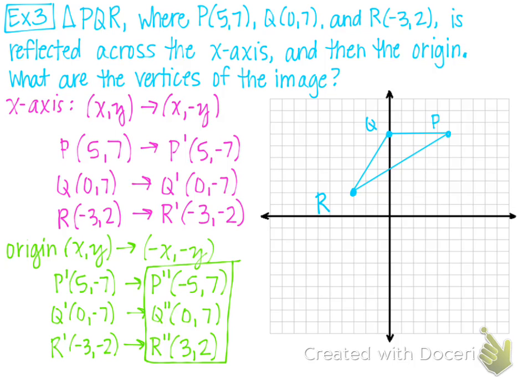Okay, so let's do our final one, which I'm going to do in green. So we have negative 5, 7. That is P prime. We have 0, 7, which is Q prime.